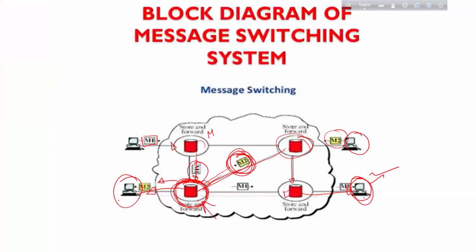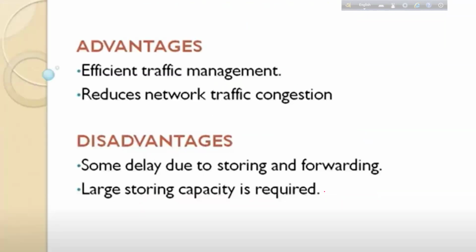Say for example, if I have a large number of users, my messages will be transferred simultaneously to different routers, different switches. All of the switches or routers will participate in the transmission, and this is how the transmission will become a bit rapid, a bit fast.